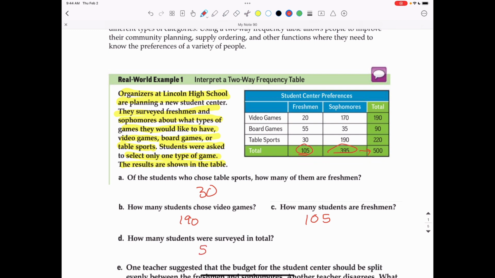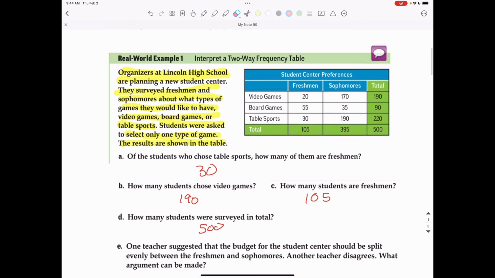Or another way is to find the total number of students who did video games, board games, and table sports, and then add those together, and that will also equal 500. So the row totals going this way and the column totals going this way should both add up to the same number in that cell, which is 500 in this particular case.